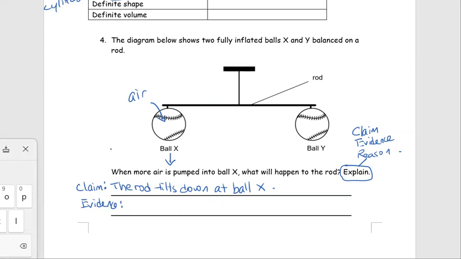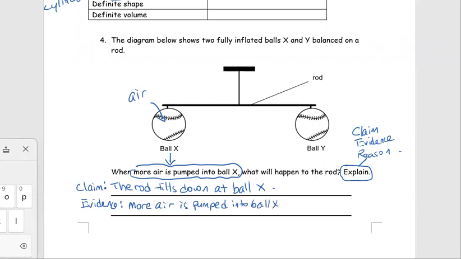Oh, I see that because more air is pumped into the ball. This is my evidence. So I'm just going to write down, because more air is pumped into ball X. This is what I see.